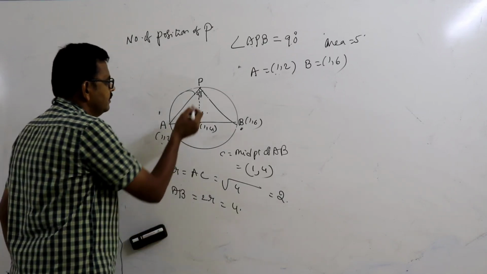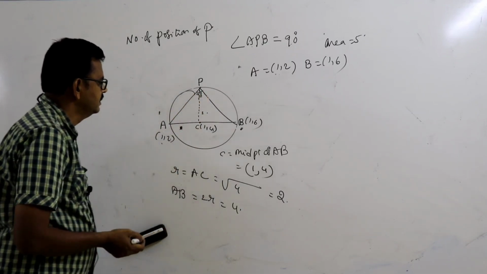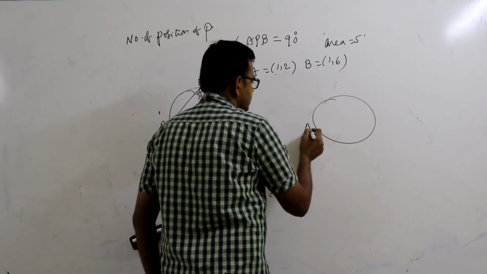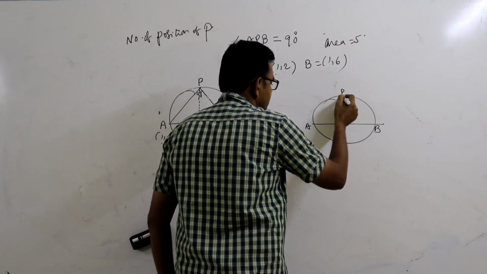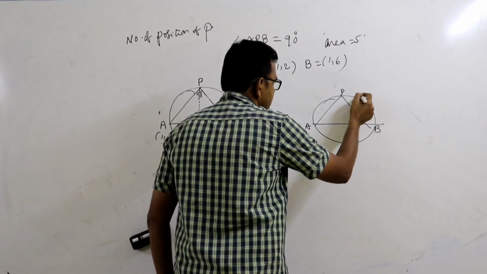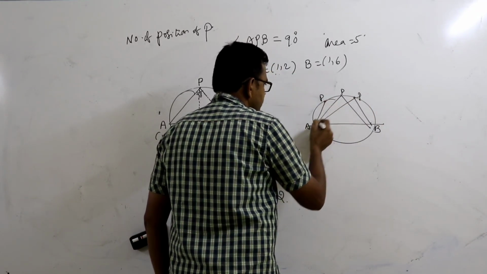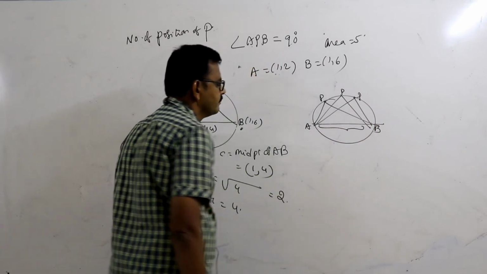So maximum area: this is the triangle, this is A, B. If the point P is here, this is the triangle. If the point P is here, so this is the triangle. So in all cases the base is the same.